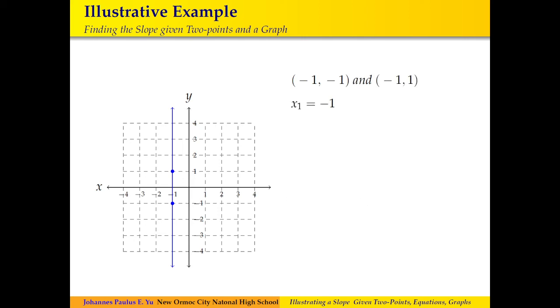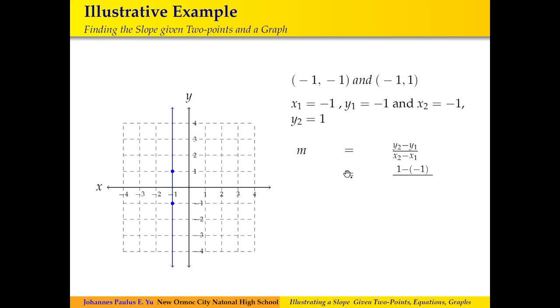For x sub 1, negative 1, y sub 1, negative 1. X sub 2, negative 1, y sub 2 is 1. Now, using the slope formula, y sub 2 minus y sub 1 all over x sub 2 minus x sub 1. Substituting all the values, y sub 2 is 1 minus, that's negative 1, okay, enclosed in a parenthesis.